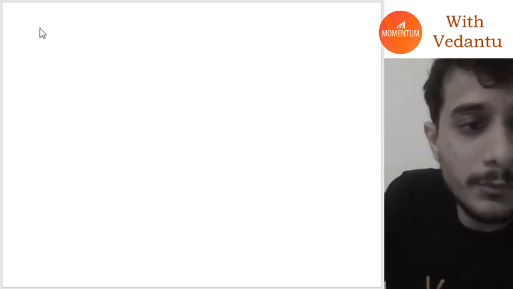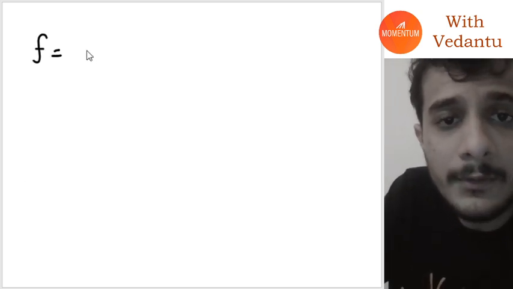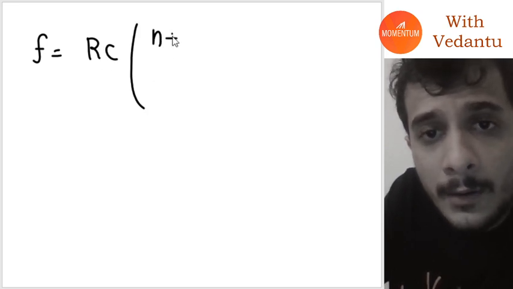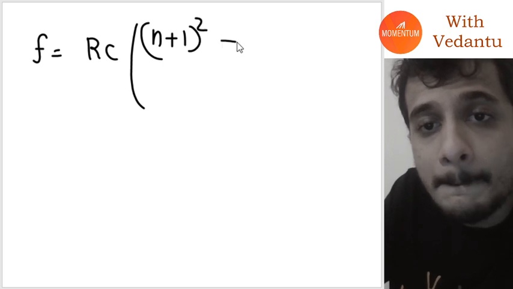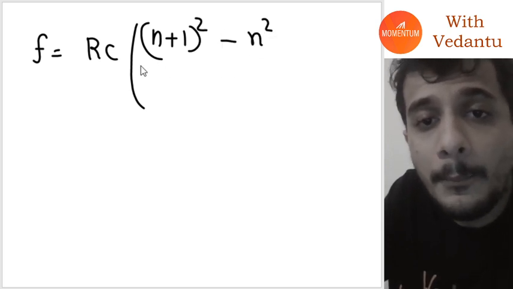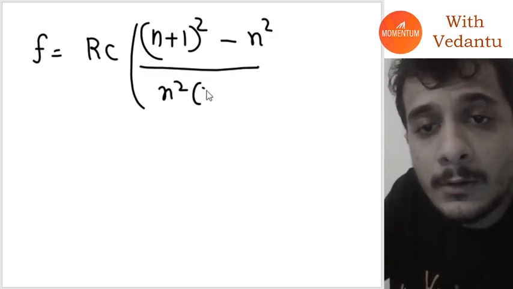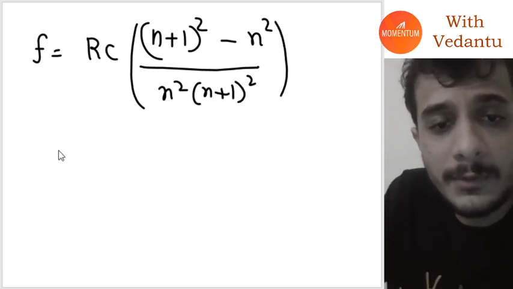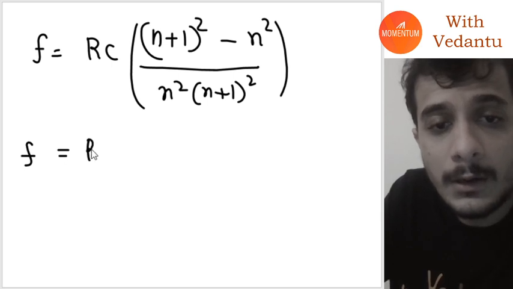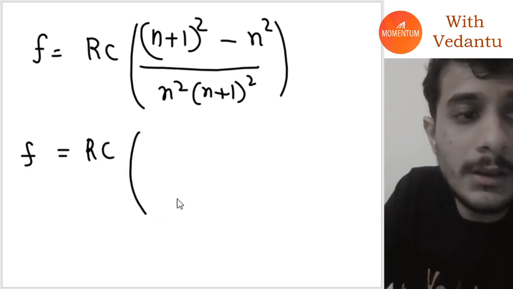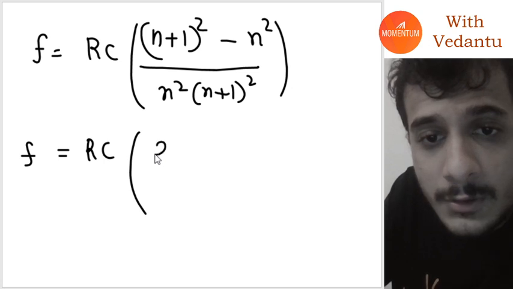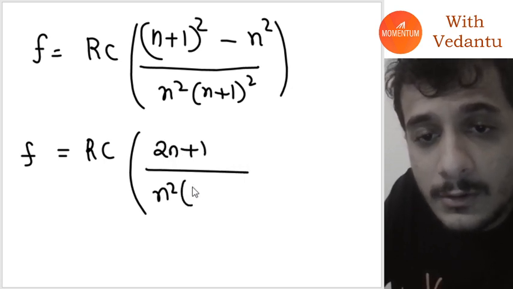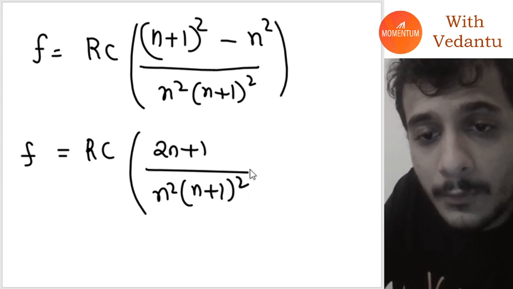Now here is where you need to approximate a little bit. F is equal to R into C into n plus 1 the whole square minus n square upon n square into n plus 1 the whole square. If you do this simplification, you will get F is equal to R into C into 2n plus 1 divided by n square into n plus 1 the whole square.